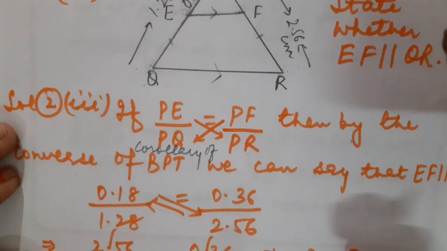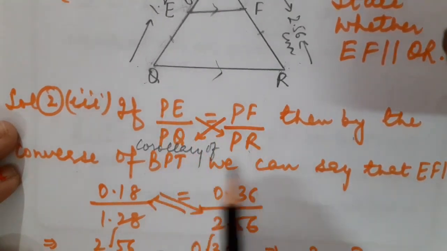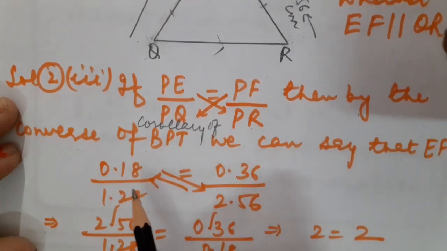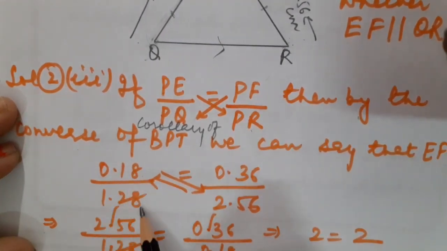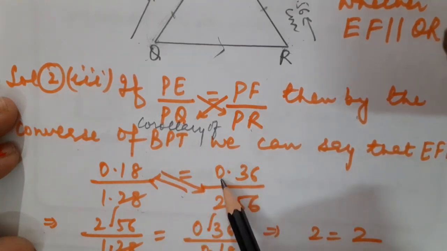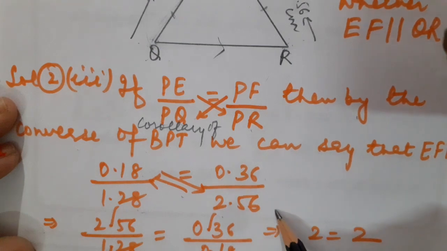So let us check it. PE, the dimensions whatever you will be having given, I am just going to insert those values over here. This is 0.18 upon the bigger side is 1.28, that is PQ, is equal to 0.36 upon 2.56.